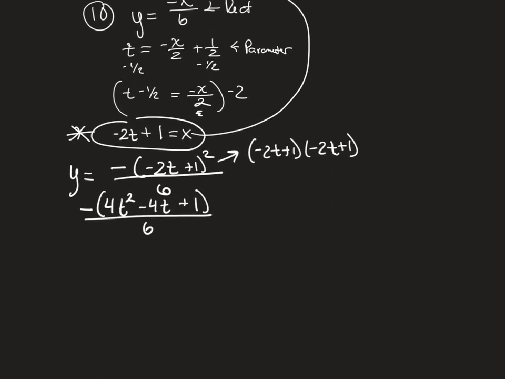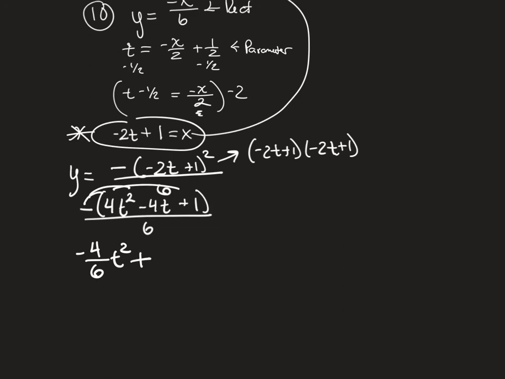And then I'm going to take each piece and separate it and give it the negative. So I'm going to give this negative inside to all three pieces and divide each by a 6. So I have negative 4 over 6 t squared minus 4 over 6t plus, oh, sorry, no, hang on, back up. Did not do the negative. Okay, so I gave the negative to the first one.